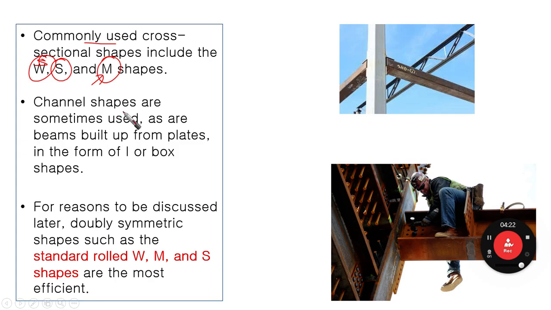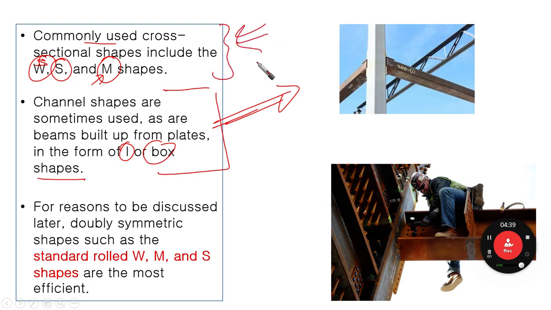Channels or channel shapes are sometimes used, as are beams built up from plates in the form of I or box shapes. But the most common shape is, as I said, the wide flange, the standard I section, and the miscellaneous shape.